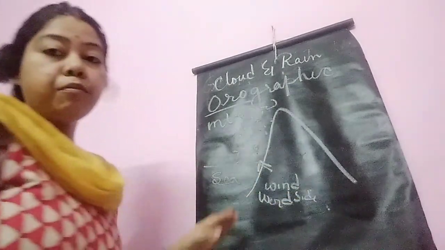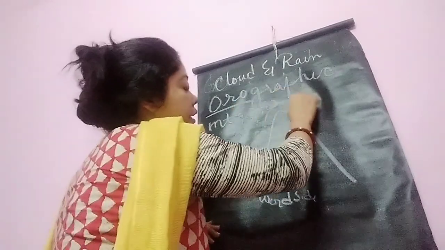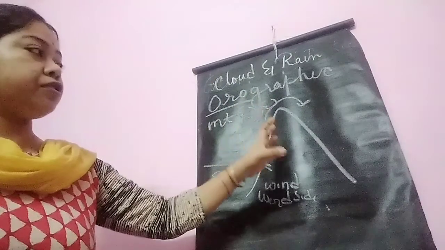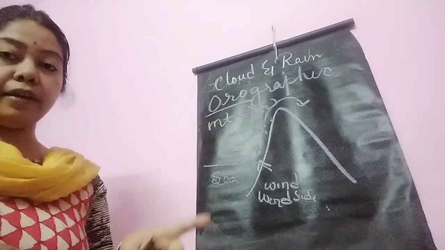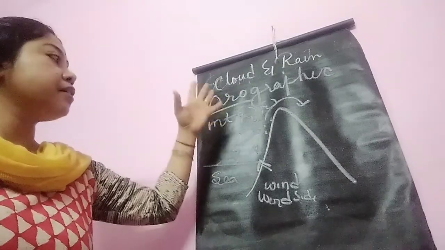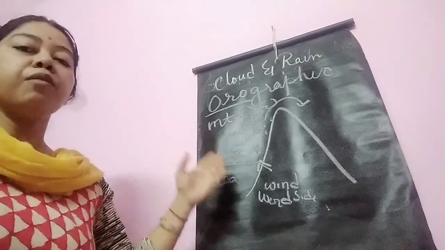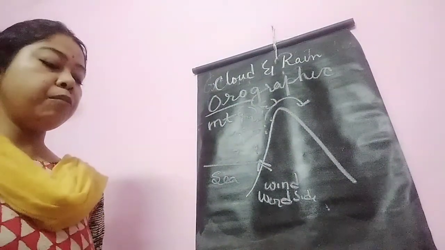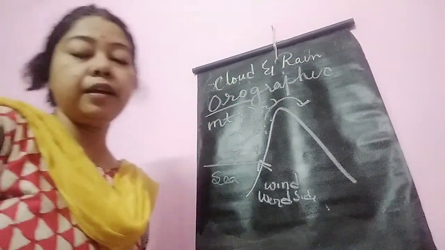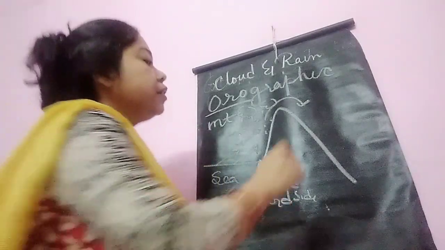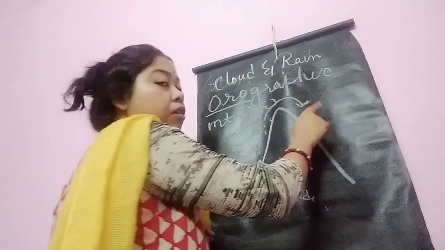When the wind moves to the other side of the mountain, the amount of moisture present in that air is very less. After causing rainfall on the windward side, when the wind moves to the opposite side of the mountain, the moisture availability in the air is less. The wind almost dies. So here little or no rainfall occurs.